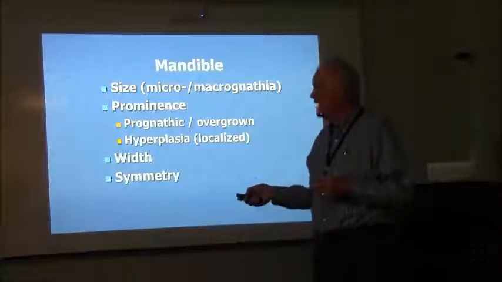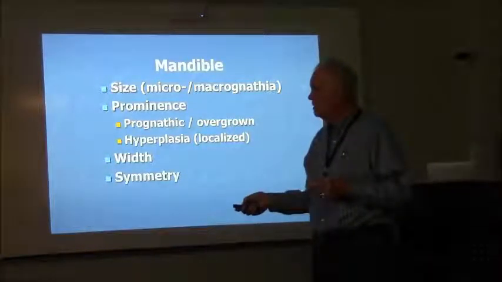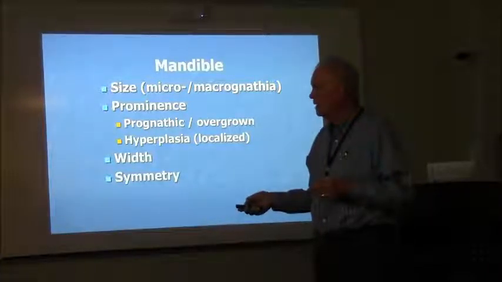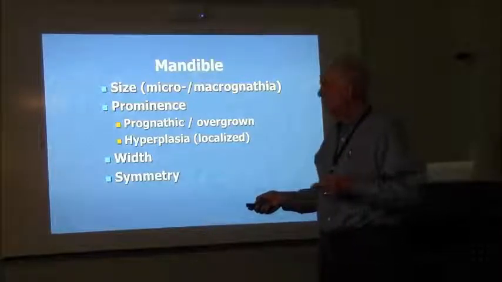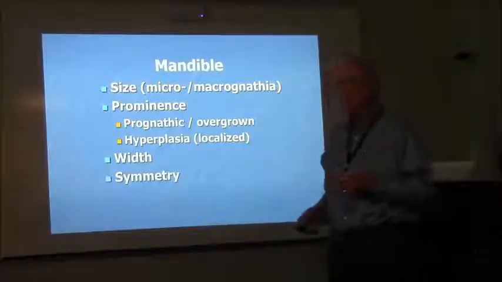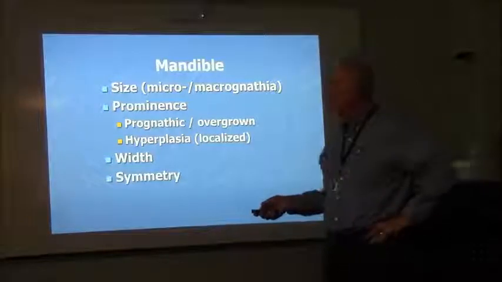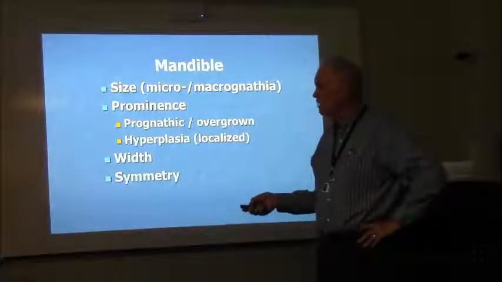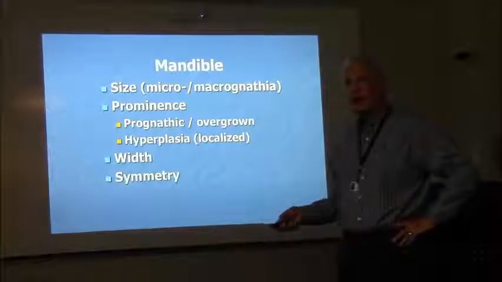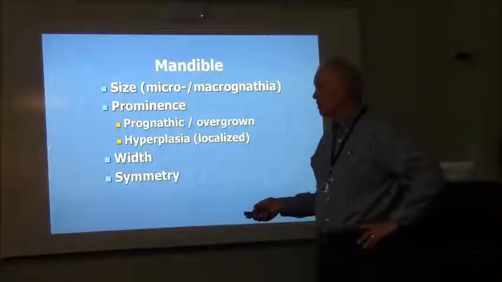We're interested in the size, the prominence, and we talk about prominence in a term prognathic, but it can be overgrown and prognathic. The hyperplasia can be localized to one side or the other, and then the width is affected. If this is on both sides, not just one side, the width is going to be wide, and I'll show you an example of that. And of course, we're interested in symmetry.